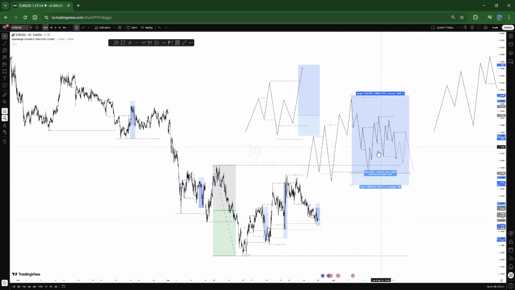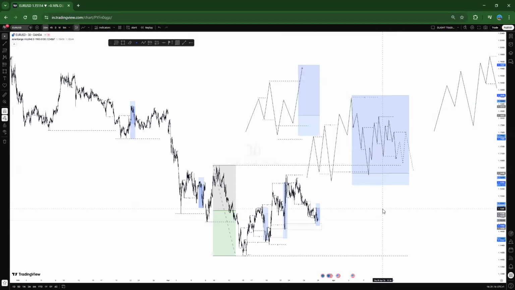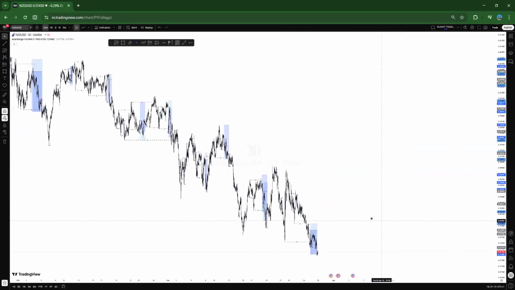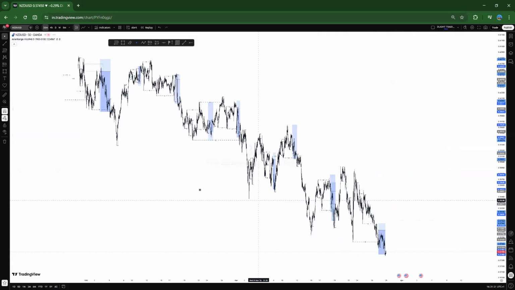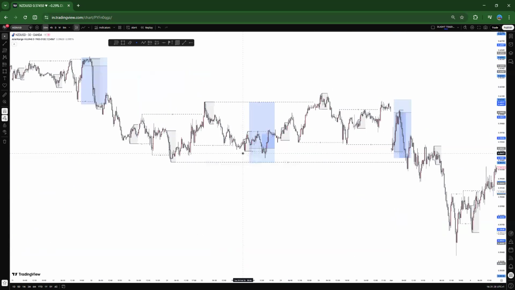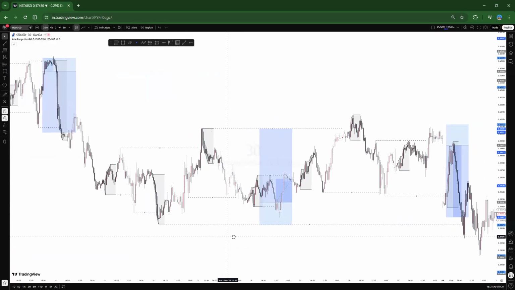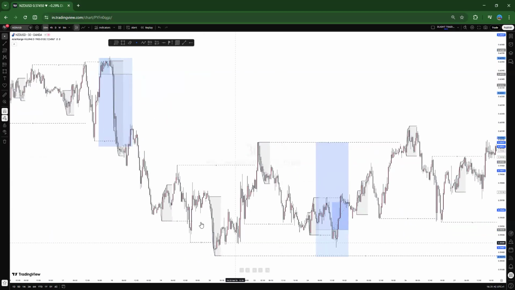This scenario happened on the pair I was trading, New Zealand dollar USD. Yes, I think it happened already. I marked it out. I was heavily working with New Zealand dollar USD. This pair has been my go-to pair for a while. It's been paying me the same concept over and over again.